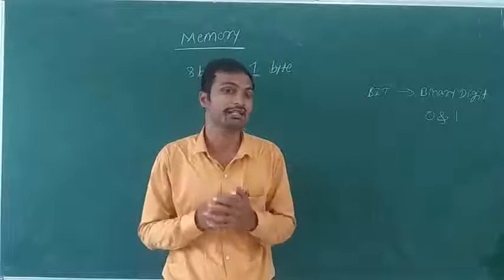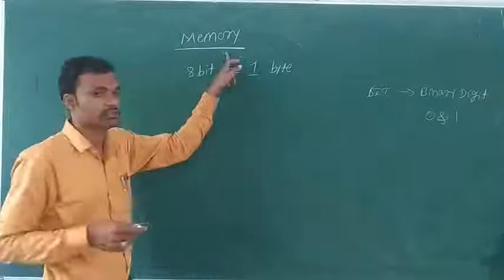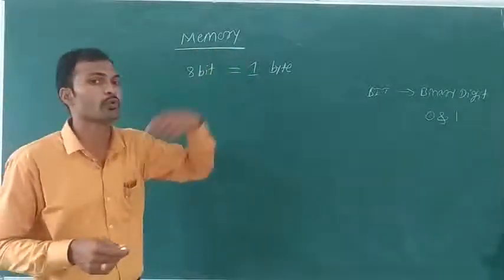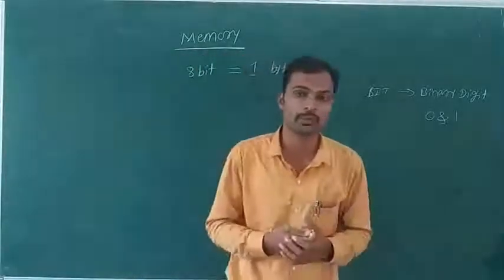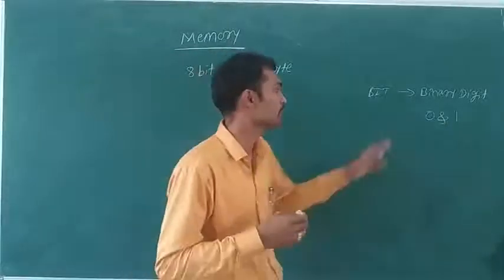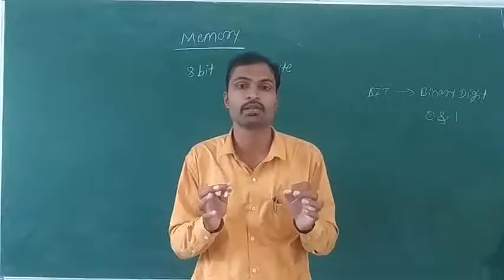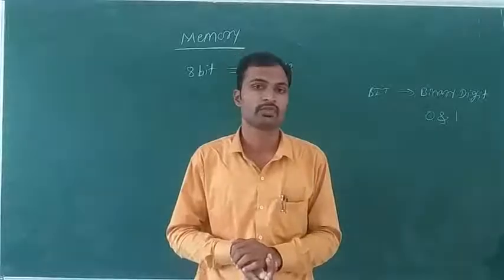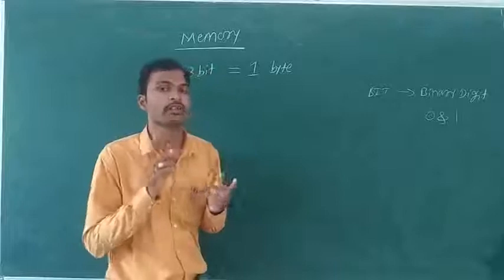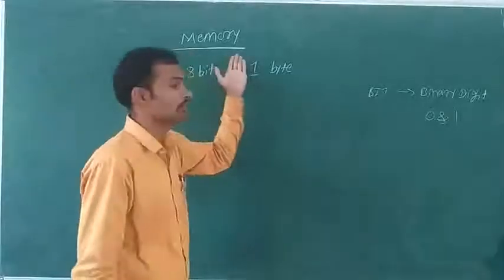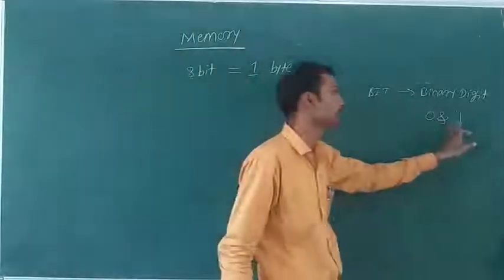Suppose you enter a character; each character has its own ASCII number, and those ASCII numbers are represented in 0s and 1s because our computer system knows only the binary number system. Keep this in your mind, this is the most important thing. Whatever the letter, we have to convert it into the binary number system, which is 0s and 1s.